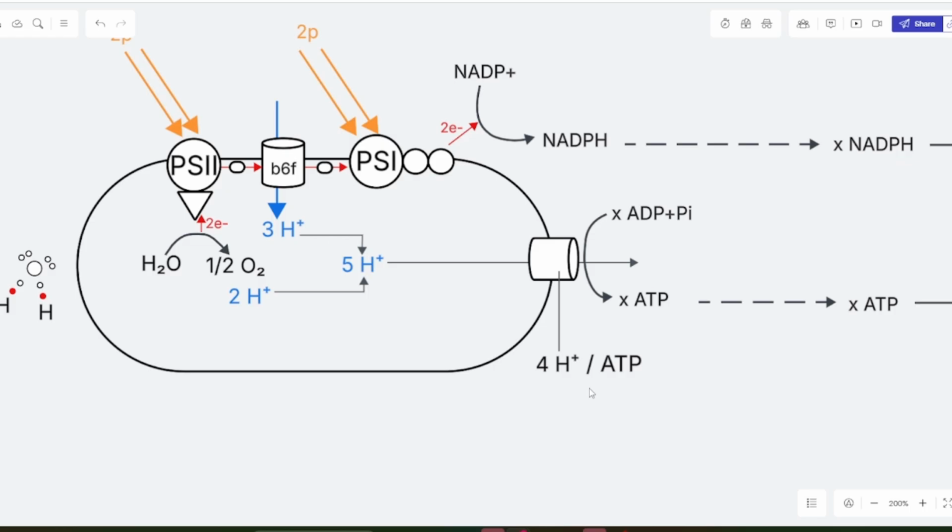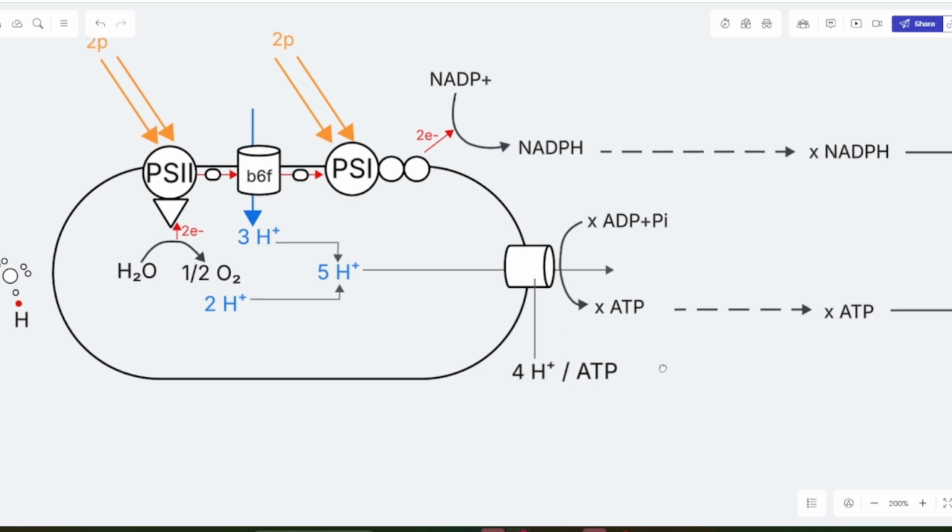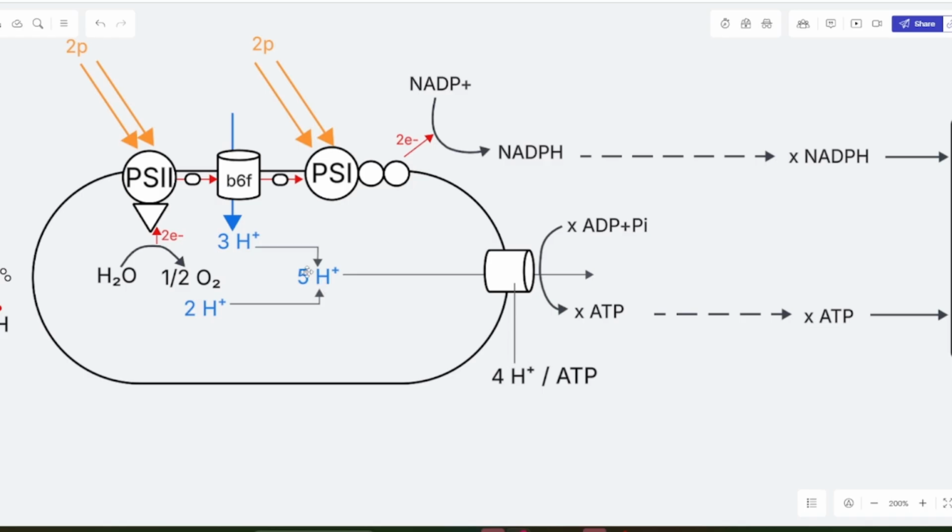So it's something like 12 to 14 protons per 3 ATP, and therefore about 4 protons per ATP. So if we have 5 protons going into the system where 4 are needed for ATP, we can say that we are getting 1.2 ATP for each water molecule that's oxidized.